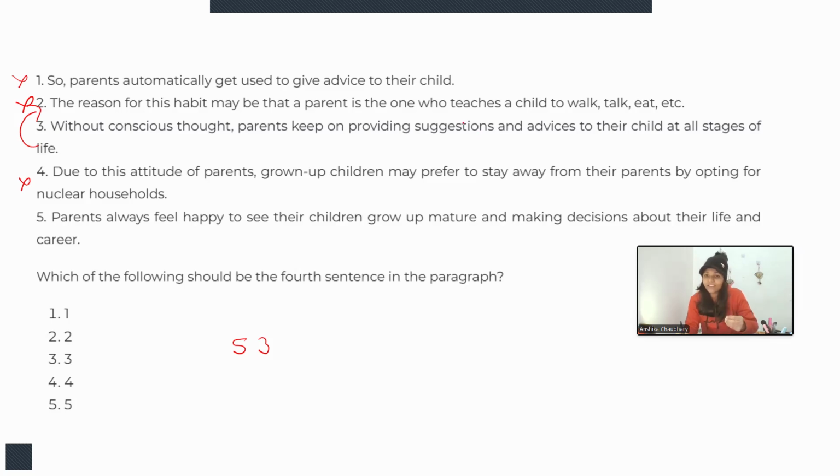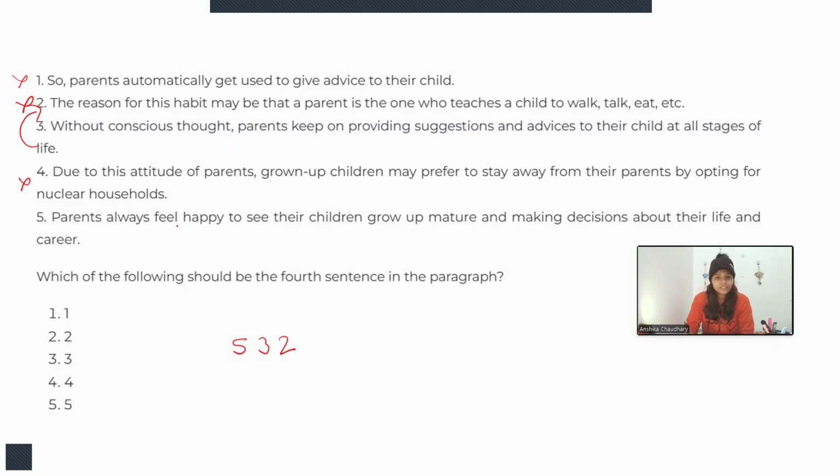Why do they do this? Because they have the habit of this, because they taught us a lot of things, to walk, to talk, to eat, etc., everything they have taught us, right? So that's why this is the habit of theirs. That's why they don't have any conscious thought in their mind that they should stop giving suggestions at some stages of life, right? So this will be the next.